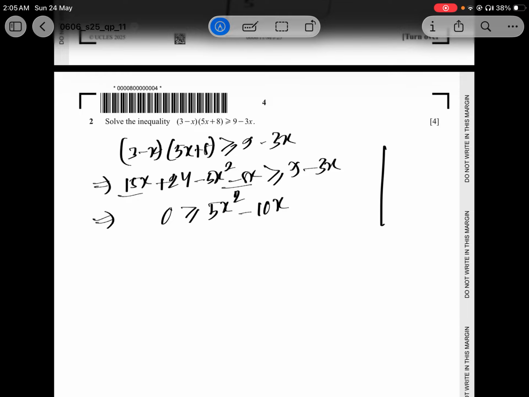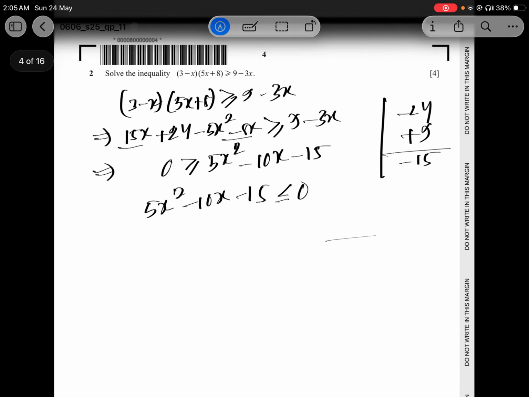Oh my god, minus 24 plus 9. What would it become? See how stupid am I? Minus 15. Okay. So we can write it down like 5x squared minus 10 of x minus 15 less than 0. So the curve would look like something like this.